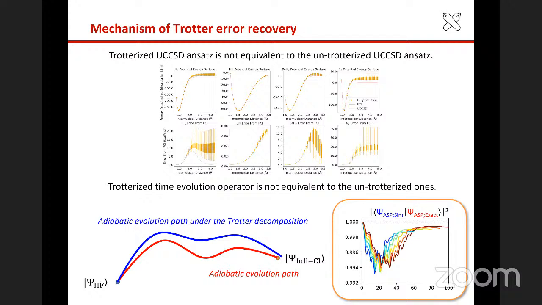In the middle of the adiabatic preparation, the difference between the two adiabatic paths becomes large, so the fidelity becomes small. But at the end of the adiabatic preparation, the difference between the two paths becomes smaller, which causes some recovery from the Trotter error.